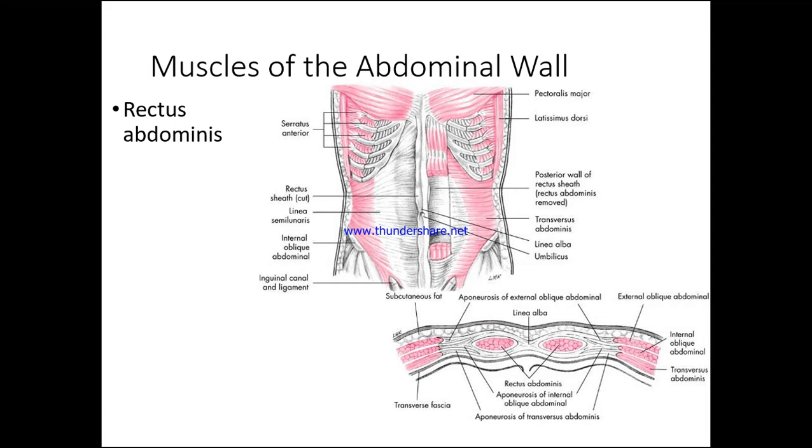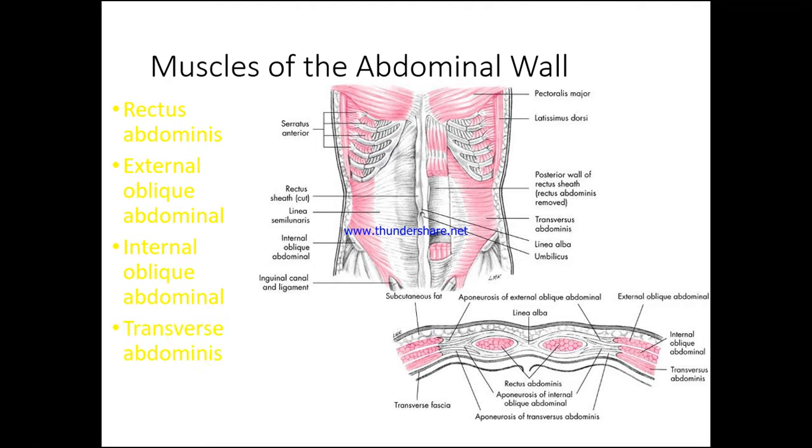Just some more images here. So we've got the rectus abdominis, external oblique, internal and transverse, but in this image, what we can see is the rectus has been cut through and moved away, and then what you've got is the posterior wall of the rectus sheath.